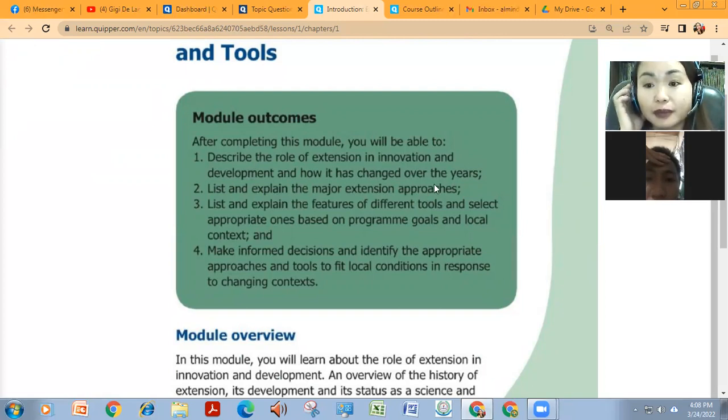This is one type of very complex educational or extension education for the farmers, for the common people, not for the students or even for the youth out of school. So we do that through extension services, and also list and explain features of different tools, the characteristics of each method.